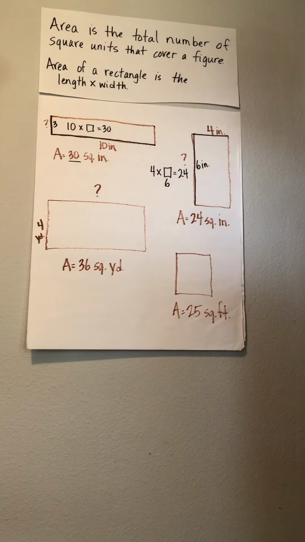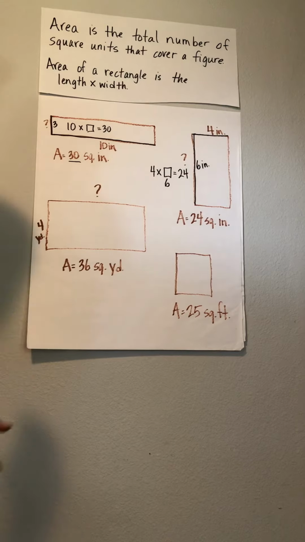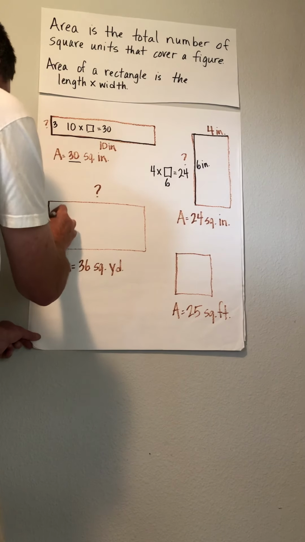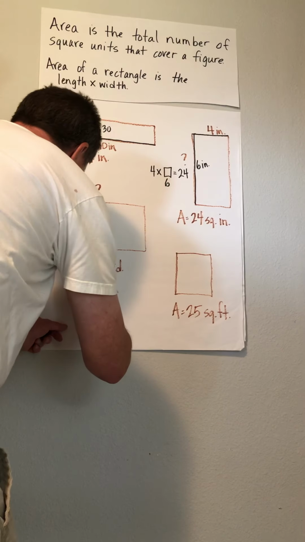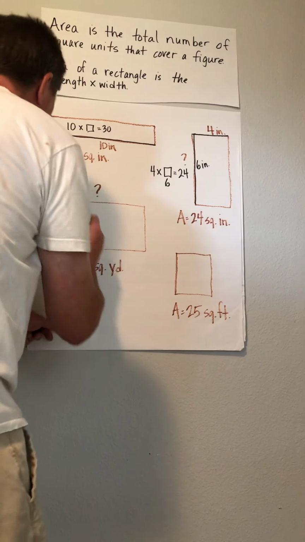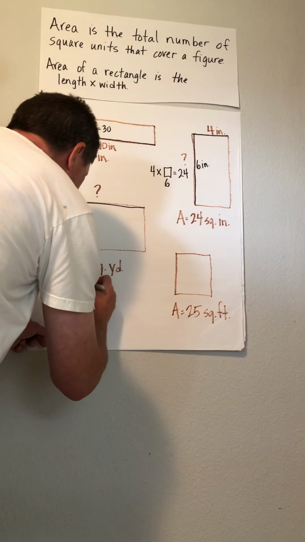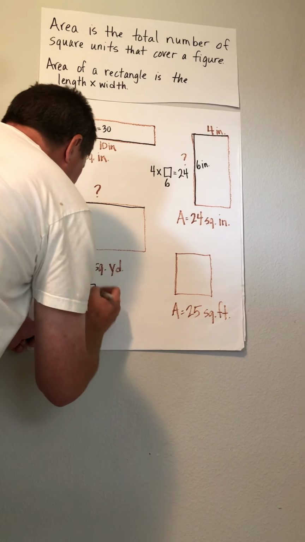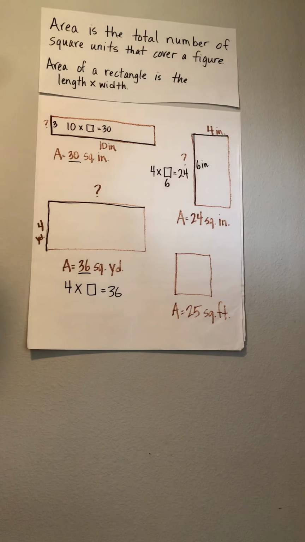All right. On to this rectangle here. What do we know? We know that this side here equals 4 inches. So 4 times the unknown side equals 36 square yards.